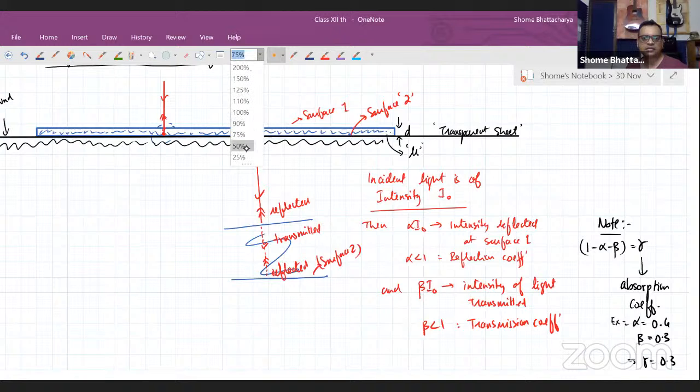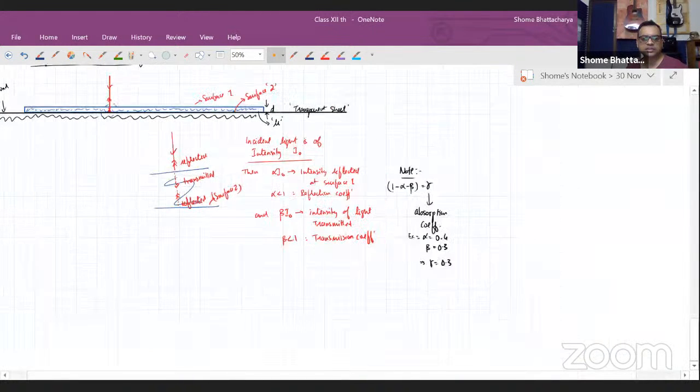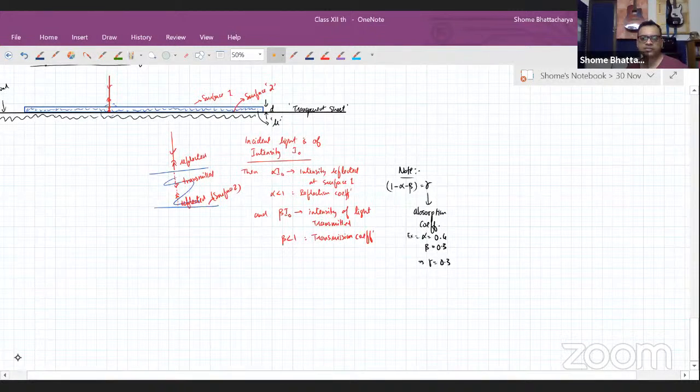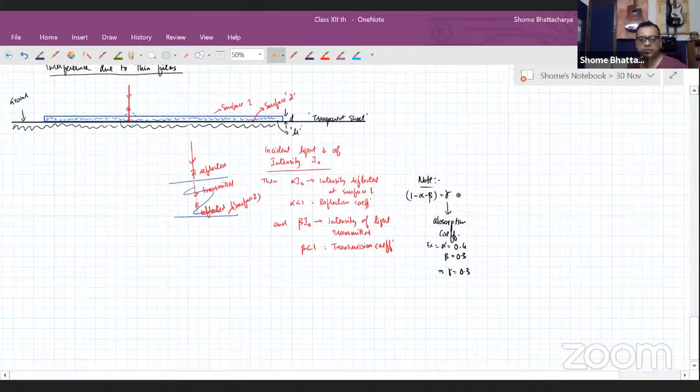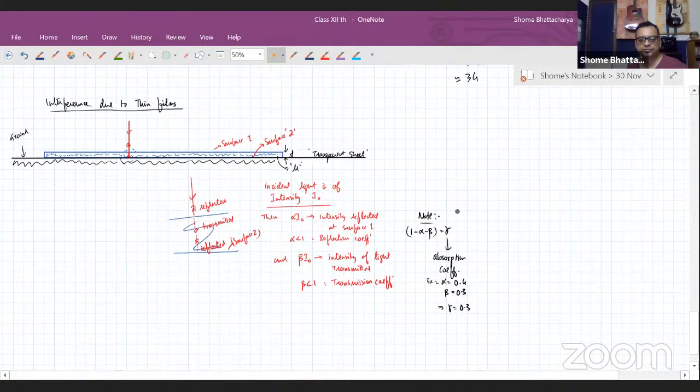So in general, when light is incident at any surface, there are three phenomena that happen: reflection, transmission or refraction, you can call that also, and absorption.